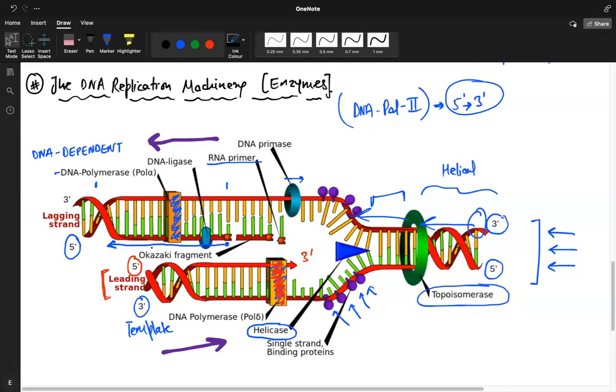But if the template strand itself is 5' to 3', then you cannot make another new strand in the same orientation. Therefore, it becomes discontinuous. But remember that in any case, a new DNA strand is never formed in a 3' to 5' direction. DNA replication has only one direction, that is 5' to 3'.